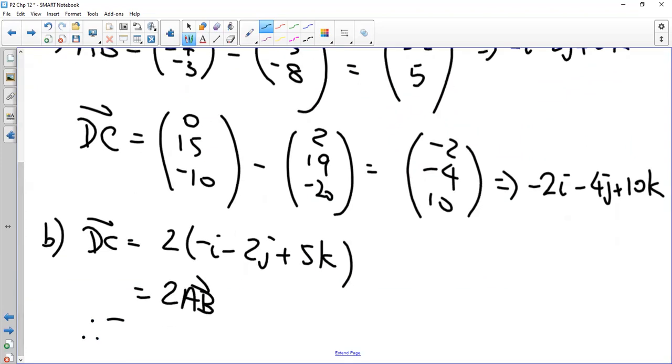So therefore, they are parallel. You just have to show the vectors are the same. The I, J and K are a multiple of one another. Nice and easy.